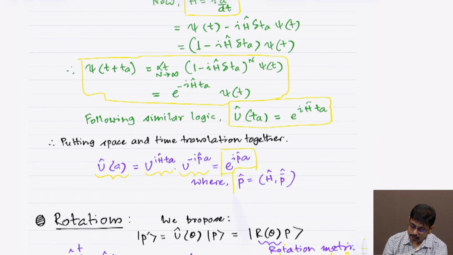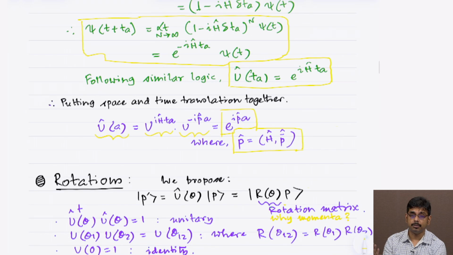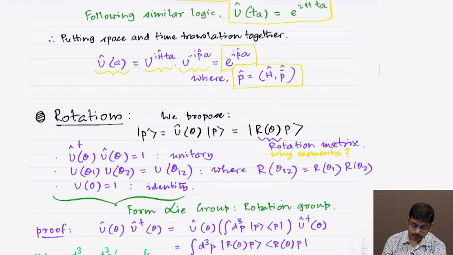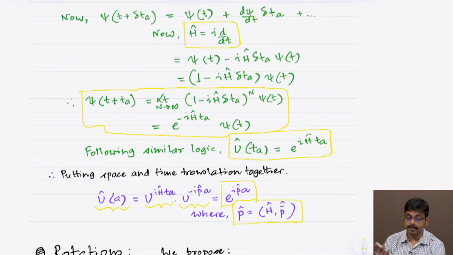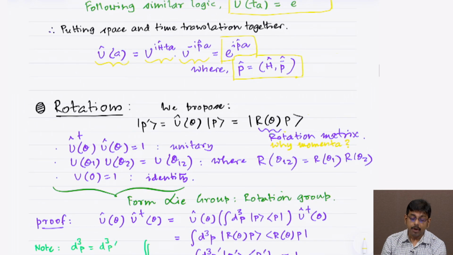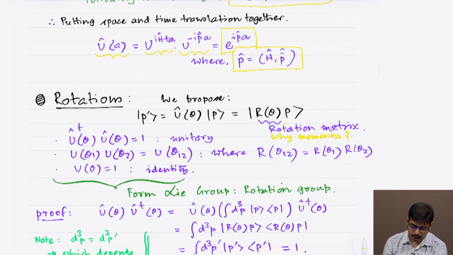Here I actually define the p hat to have the 4 components with the Hamiltonian H and the momentum operators p. So, this is what happens to the space time translation. This is exactly how the space time translation operator looks, and we argued that this actually forms a group. Now, let us look into another very important transformation, which is called the rotations. Okay.